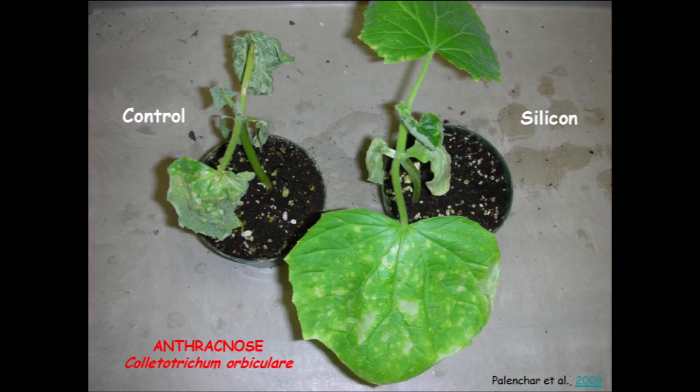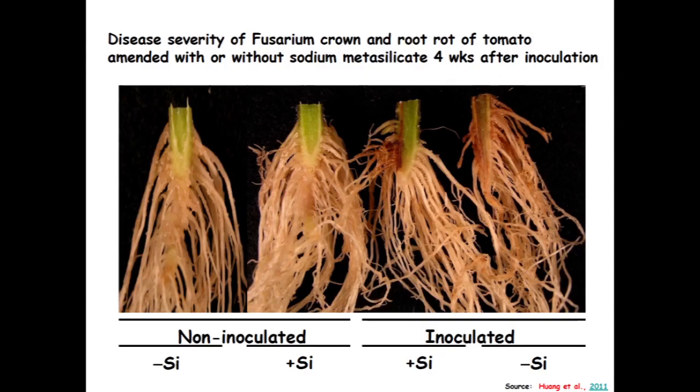And similarly with Colletotrichum and anthracnose on cucumbers, you get reduction. And I'll just take one more, Fusarium, another root pathogen in tomatoes, most recently showing with and without silicon, the difference in the cortical root rot and lateral root rot.